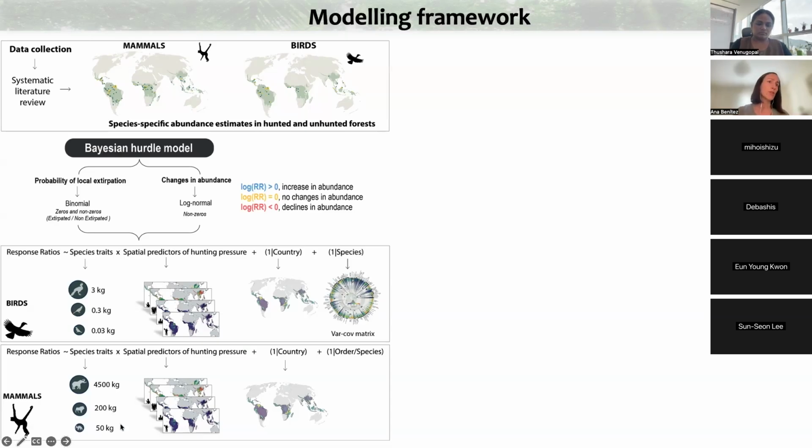We also included some species traits because we know that usually the large size species are more targeted by hunters, although this can change for birds, because some birds, like small size passerines, are also very much appreciated as cage birds, for example, in Indonesia and Southeast Asia and so on, and also in some areas of Brazil.